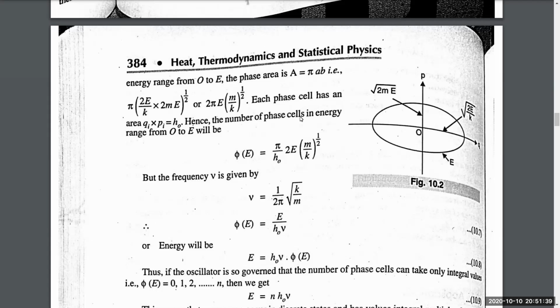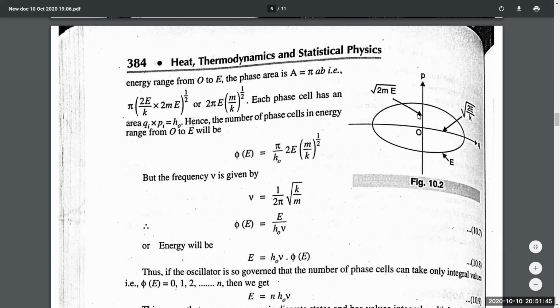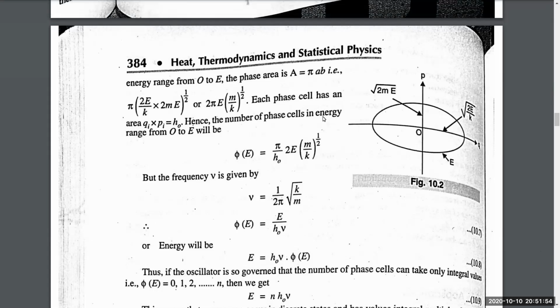So hence the number of phase cells in the energy range from 0 to E. This whole was a phase space, and inside it we have covered an area of energy 0 to E. Now we want to know how many phase cells reside in this area. We'll count that.